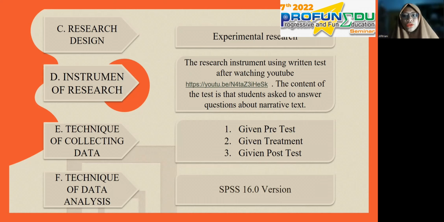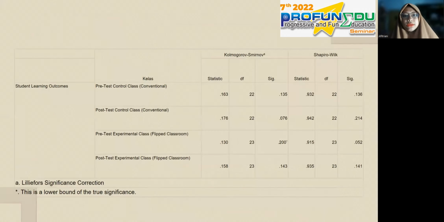So in the two classes, the control group and the experimental group, we gave a pre-test and post-test. And the technique of data analysis uses SPSS.